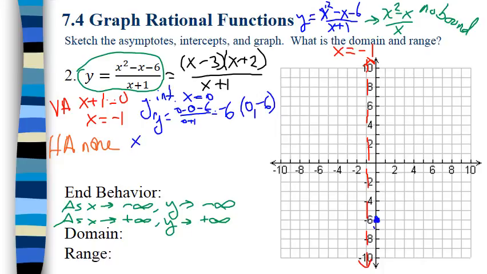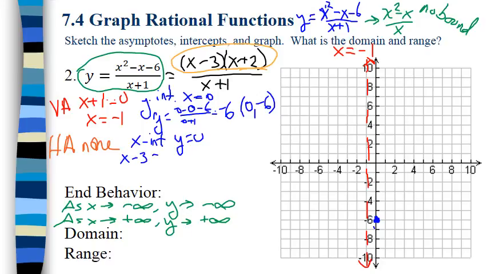I can also find an x-intercept. X-intercepts are where y is 0. This is a fraction. Fractions are 0 when the numerators are 0. So if I look at these numerators right here, I can set them equal to 0 and find my x-intercepts.